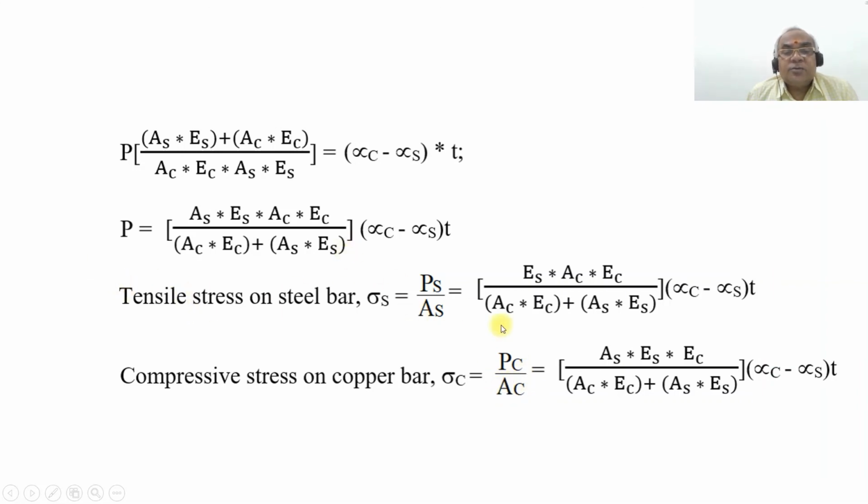Once you substitute the value of PC here, AC gets cancelled. So AS into ES into EC into alpha C minus alpha S into T, divided by AC into EC plus AS into ES.